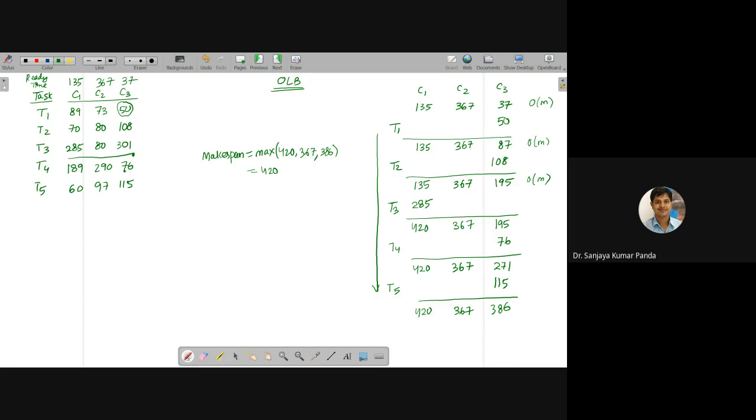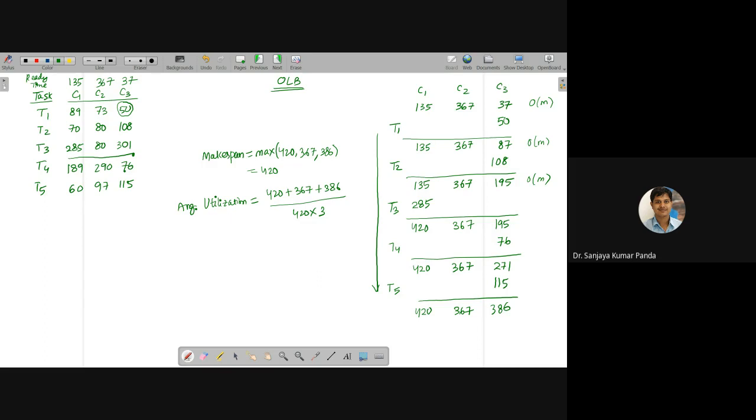Similarly, if I ask you about utilization, all of you know how to calculate utilization. I'm just showing you an example. If I calculate average utilization, it is 420 plus 367 plus 386, divided by the overall makespan into 3.